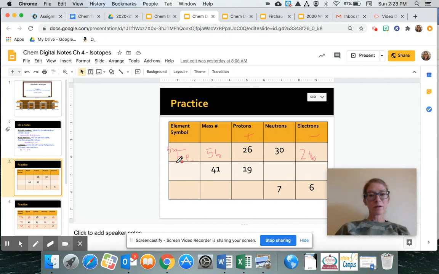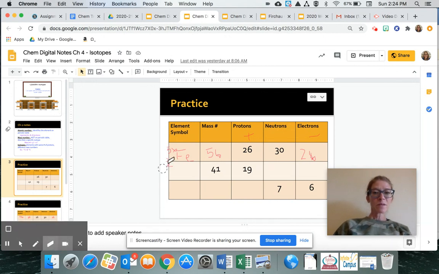It's hard to write with your mouse. And then sometimes on the bottom left is another number shown, and the bottom number is the atomic number. So this one would be 26. So the bottom left number is the atomic number, top left number is the mass number.